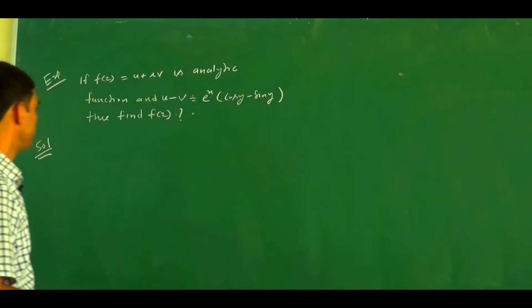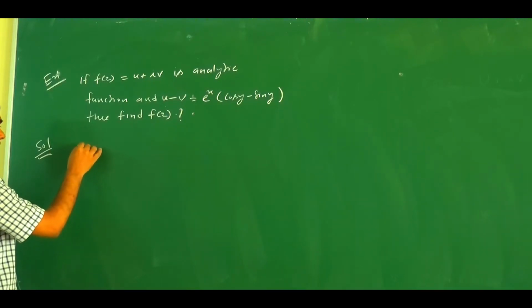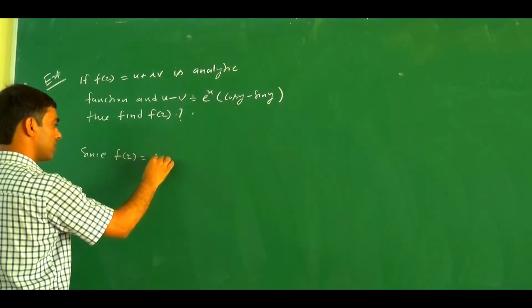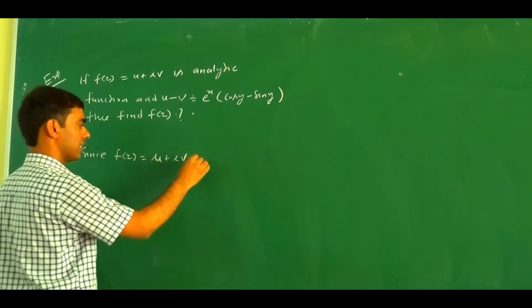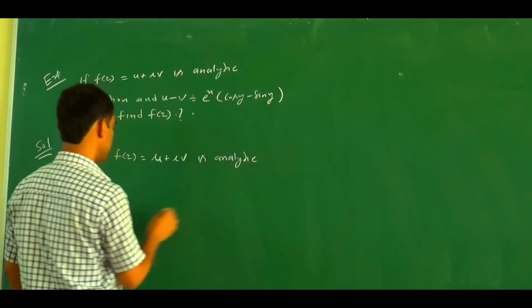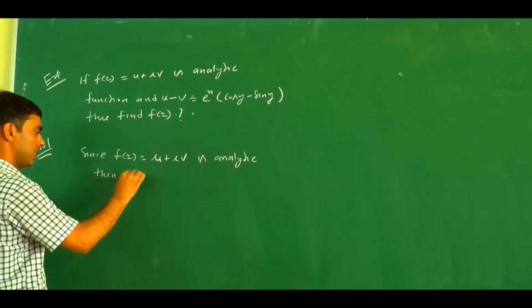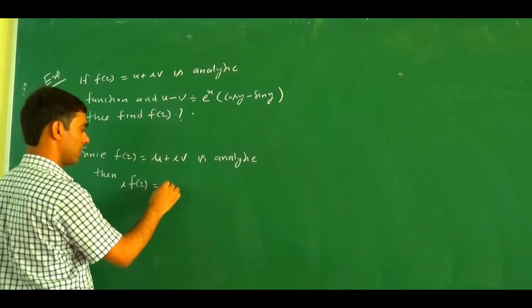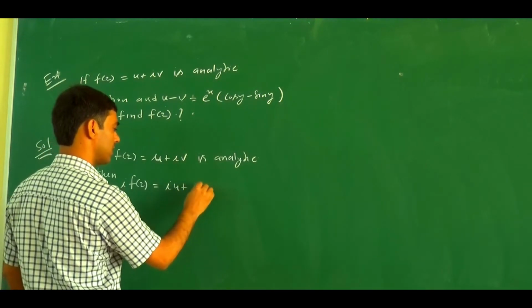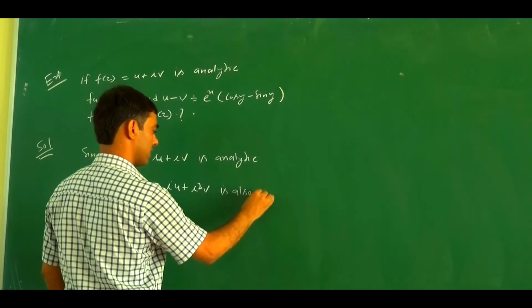Then how do we find it? Since f(z) = u + iv is analytic, then i f(z) = iu + i²v is also analytic.